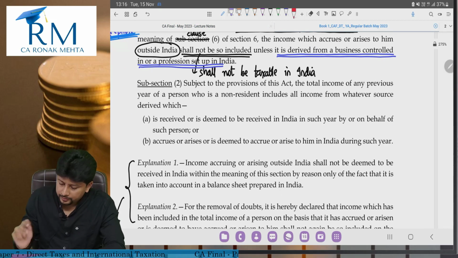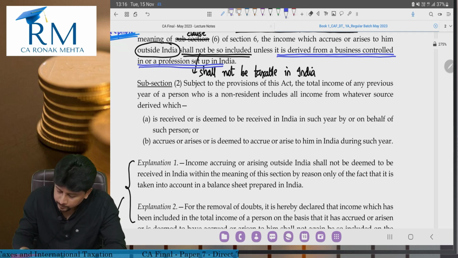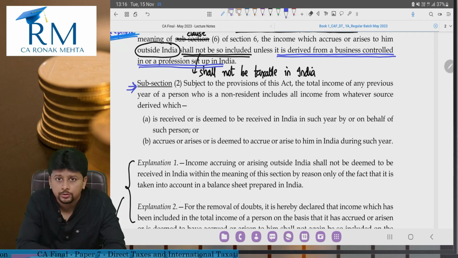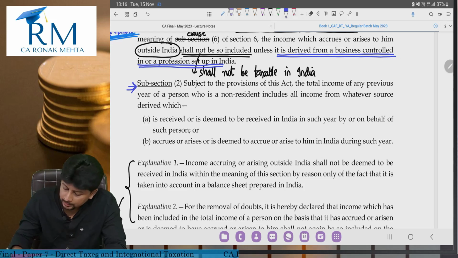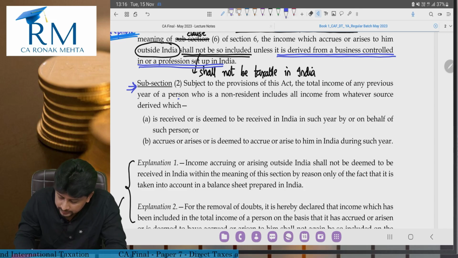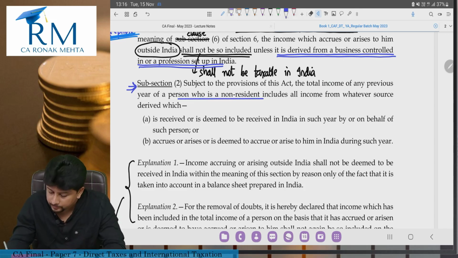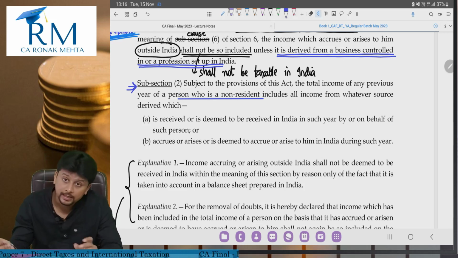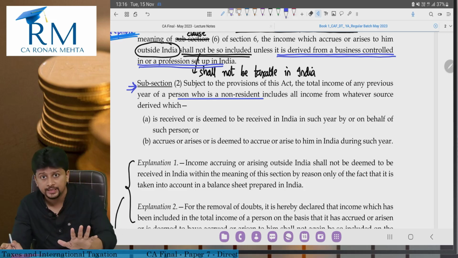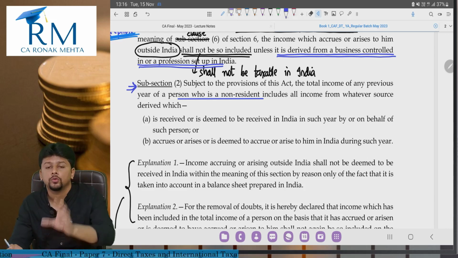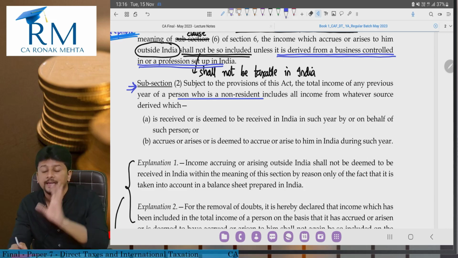Subject to the provisions of this Act, the total income of any previous year of a person who is a non-resident includes all income. We are saying if you are a non-resident in India, the following incomes will be included in your total income. The following incomes will be taxable for you.